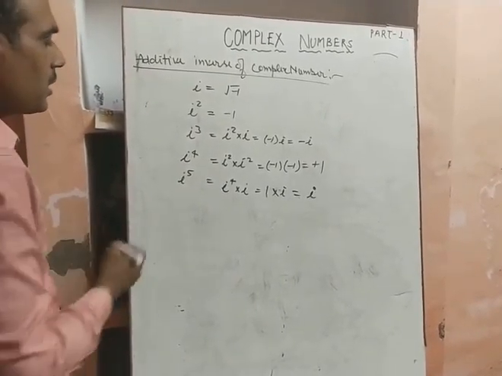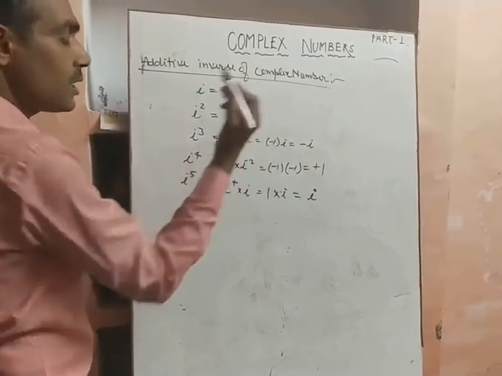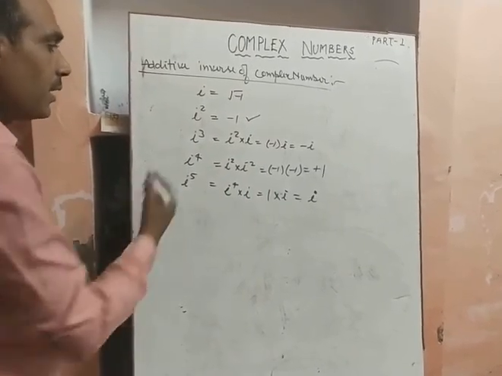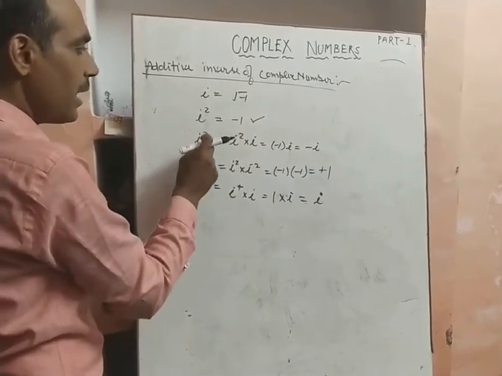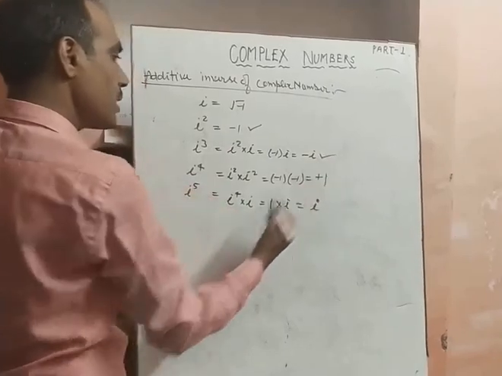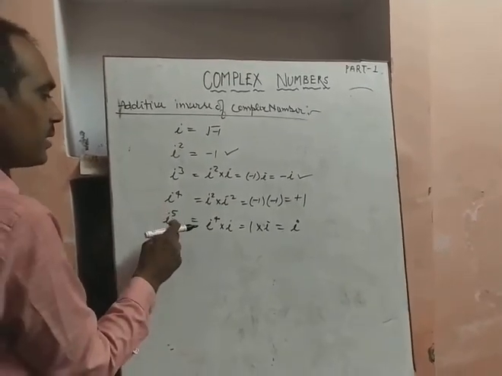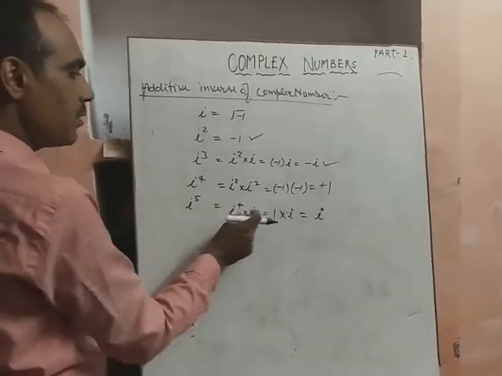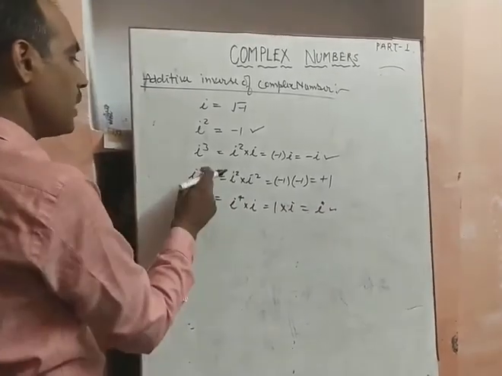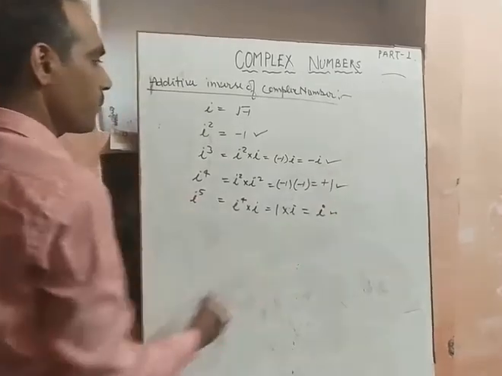Then what is the result? i square is equal to minus 1, i cube is equal to minus i, i raised to power 5 is equal to i, and i raised to power 4 is equal to plus 1.